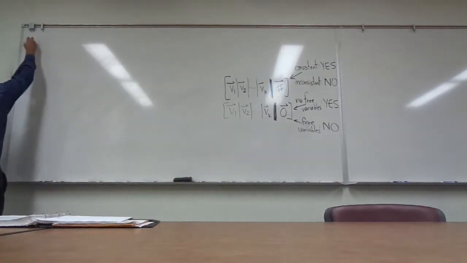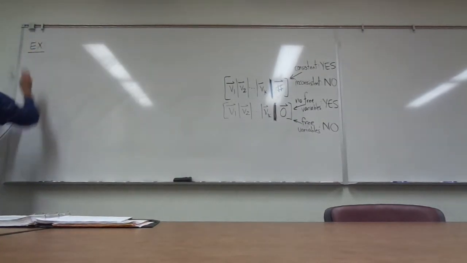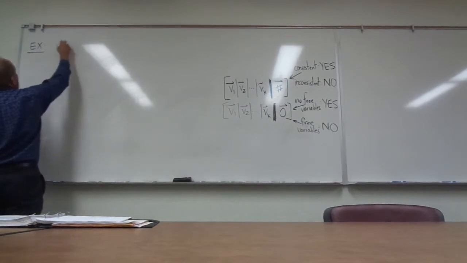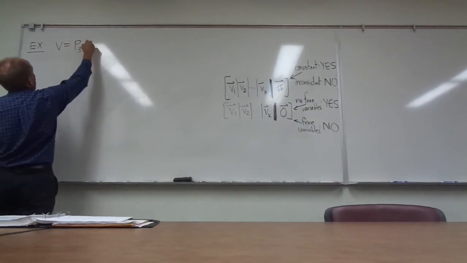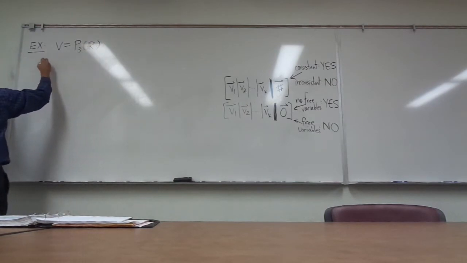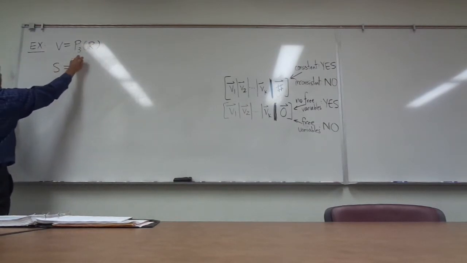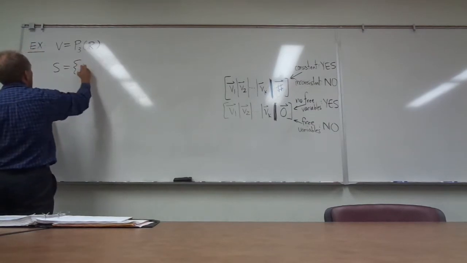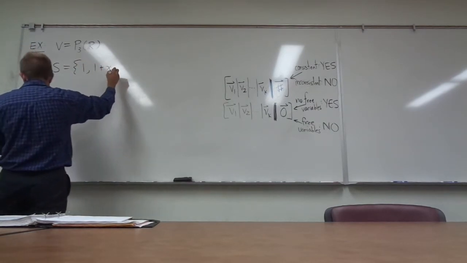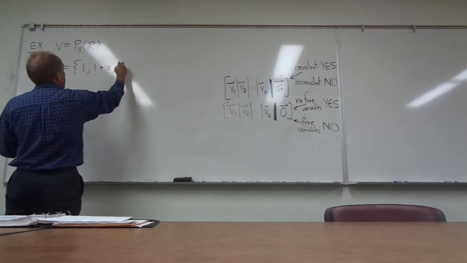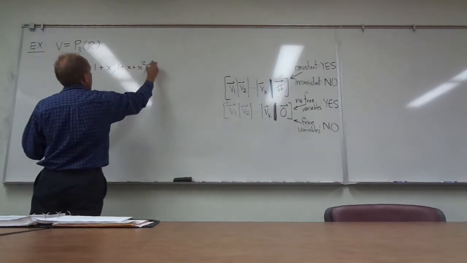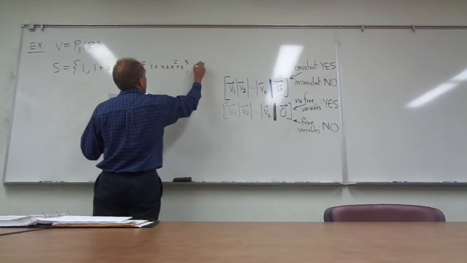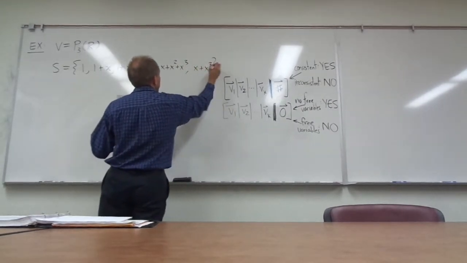Okay, so for example, suppose I take V to be P3 of R. Okay, and I'm going to take my set, I'll call the set S here. It's just a set of vectors. I'm going to use 1, 1 plus x, 1 plus x squared, 1 plus x squared plus x cubed, and x plus x cubed.